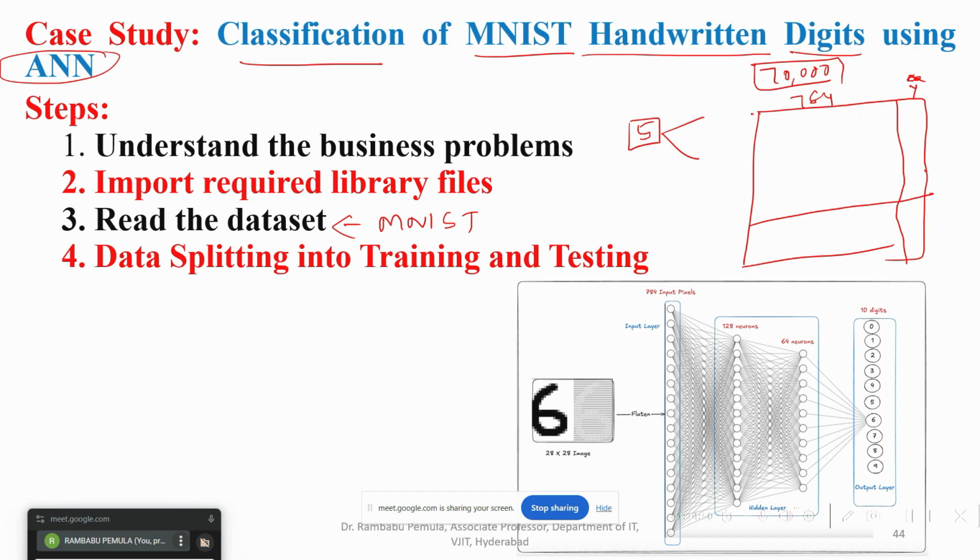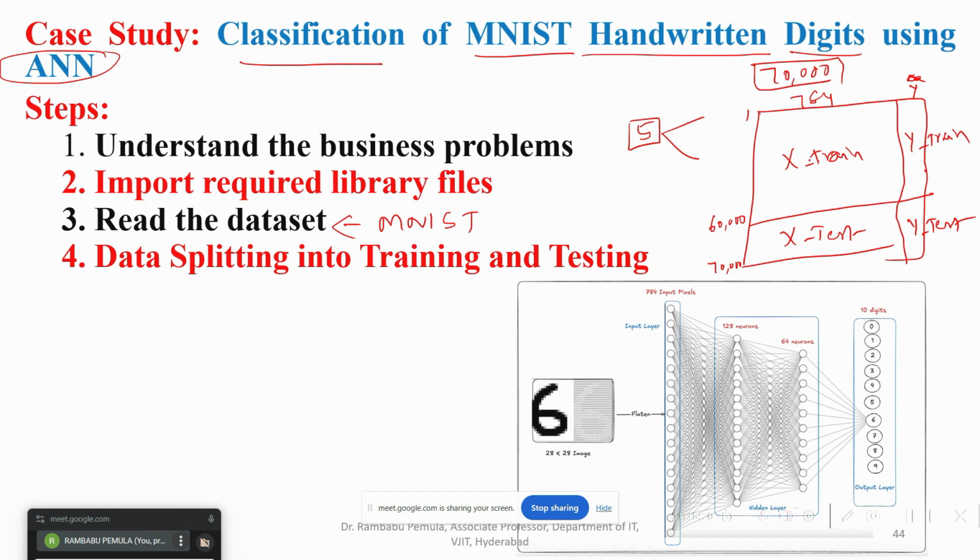For the model, we give 60,000 images for the training purpose, and the remaining 10,000 for the testing purpose. This is called x_train and y_train, and this is called x_test and y_test. So the 70,000 images are converted into a training part and a testing part.